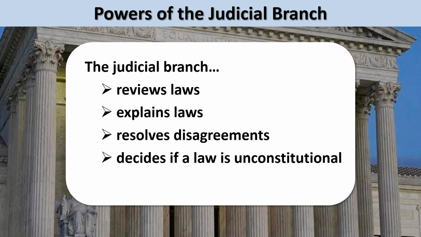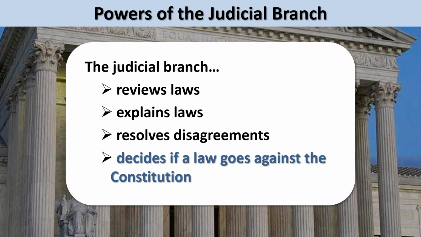Sometimes, disagreements that need to be resolved in court have to do with whether a law is constitutional or not. If court justices decide that a law is unconstitutional, that means they have determined that the law goes against the Constitution and cannot legally exist.